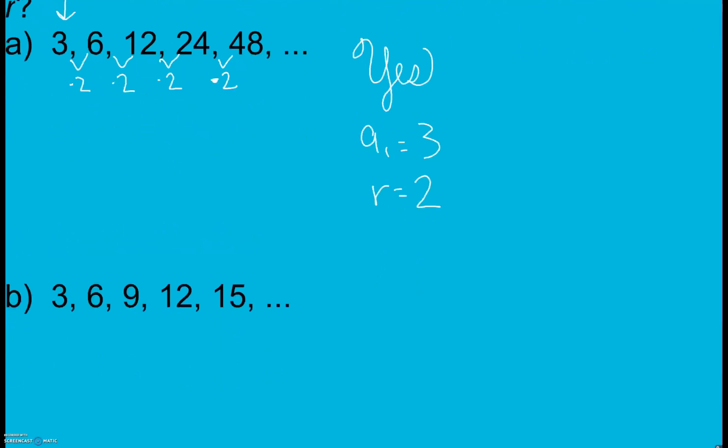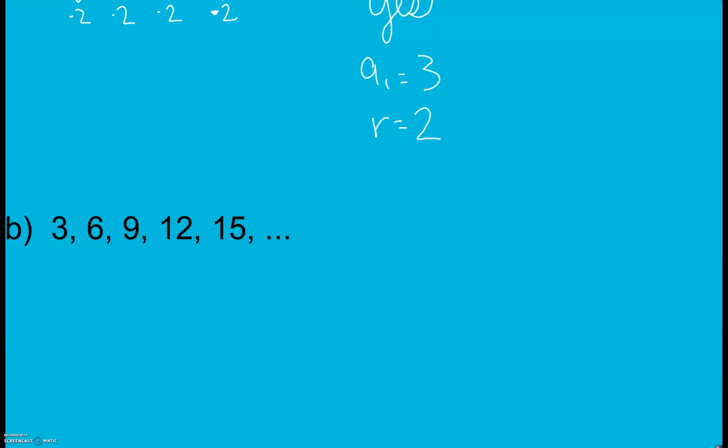B, 3 to 6 is times 2. 6 to 9 is times 3 over 2. If you're not sure, take 9 divided by 6. Just like with our arithmetic sequences, we could take our second term minus our first term. Here we can take our second term divided by our first term, 3 over 2. 12 divided by 9, 4 over 3. 15 divided by 12, 5 over 4.